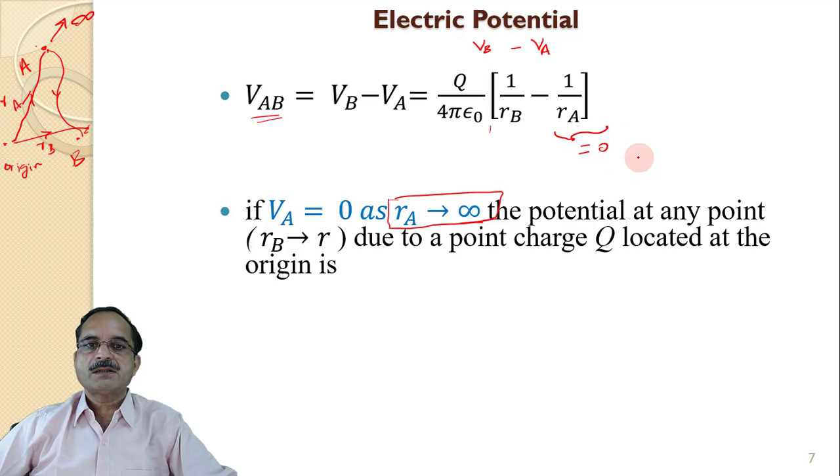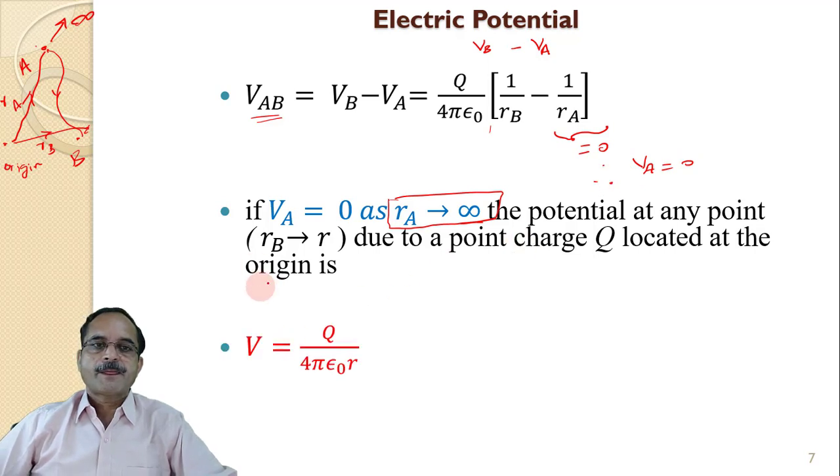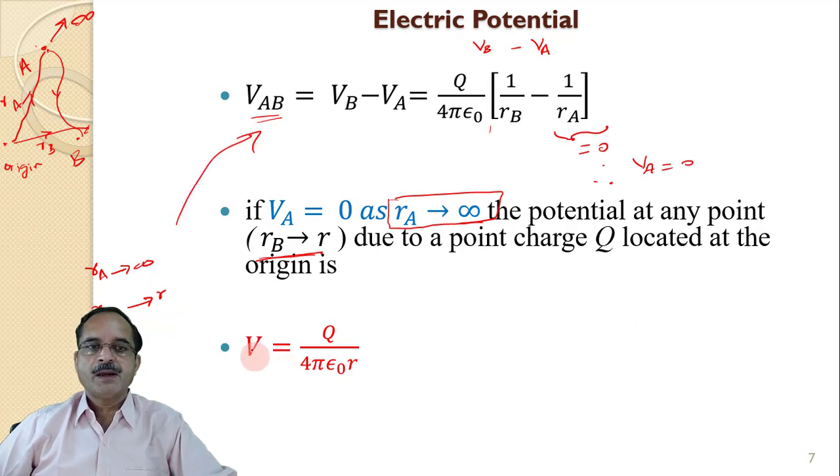Or in other words, we can say VA is equal to 0. And RB we write as R. So based on these 2 assumptions, RA tends to infinity and RB written as R, substituting this in this equation, I get V equal to Q upon 4 pi epsilon 0 R.